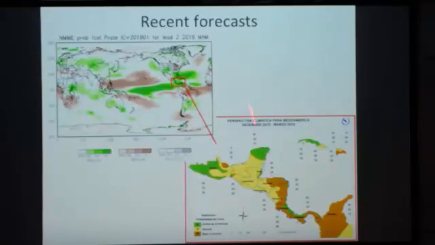So that's a caveat: we look at these structures oftentimes in a very large scale sense, but there's a lot of regional flavor to it as well. And certainly, from the point of view of societal impact, you would want to know what's happening in your neighborhood. The global picture might be fun to look at, but the impacts happen locally.